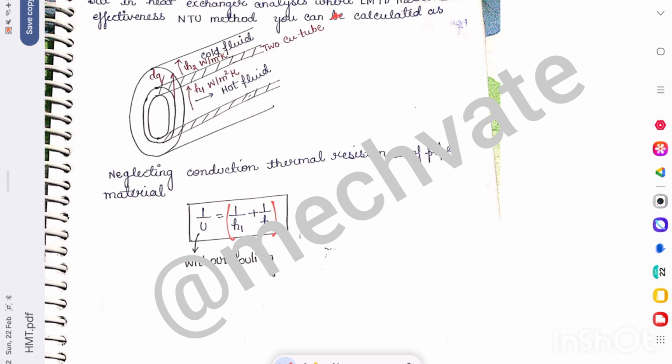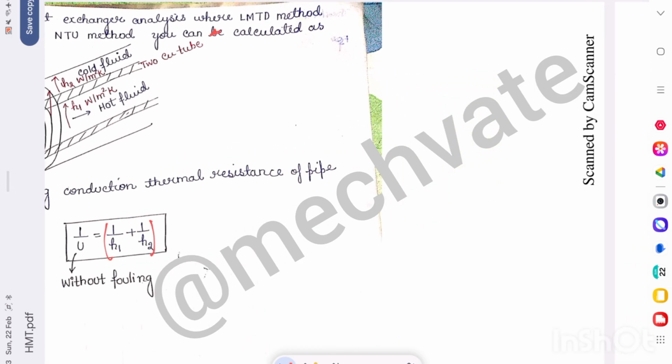When we consider the LMTD method and effectiveness NTU method, as in this chapter you may learn in your bachelor's degree, in that case 1 by U, the overall heat transfer coefficient, is 1 by h1 plus 1 by h2.